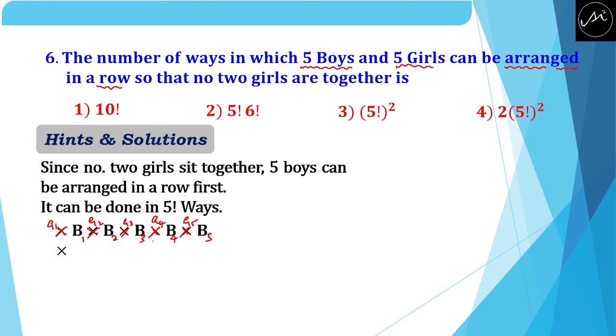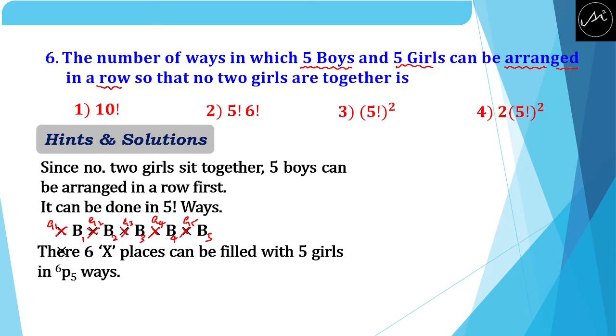Okay, 5 girls can be adjusted here. Clear? So 5 boys can be arranged in 5 factorial ways. Clear? In the same way, you can see there are 6 places for the girls. One is here, 1, 2, 3, 4, 5 and this one is 6.